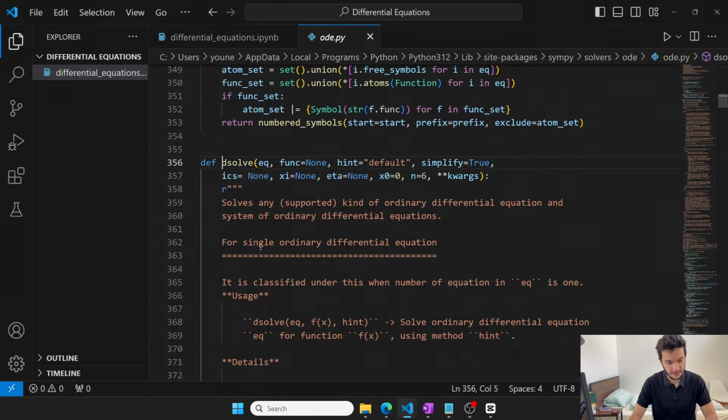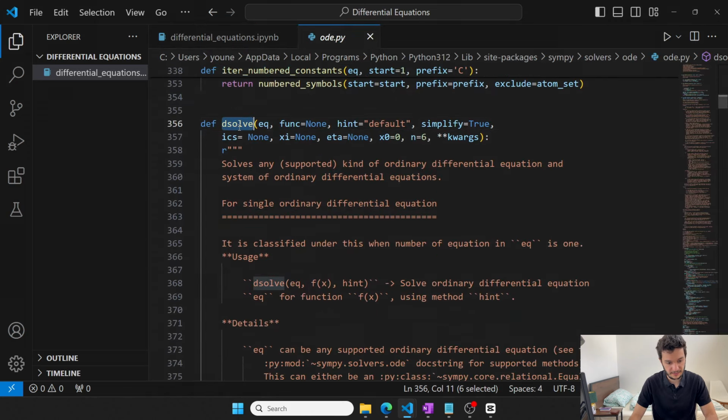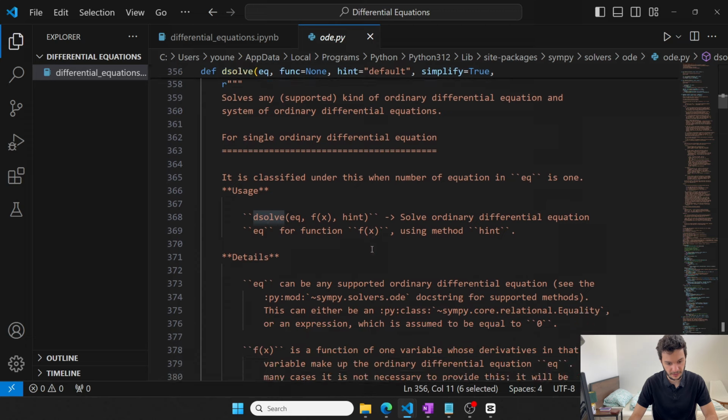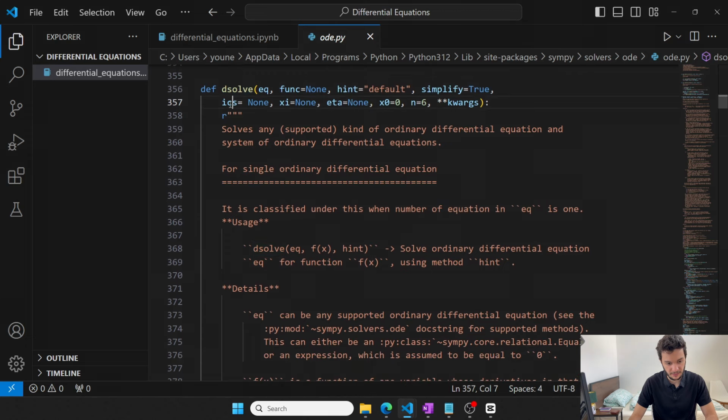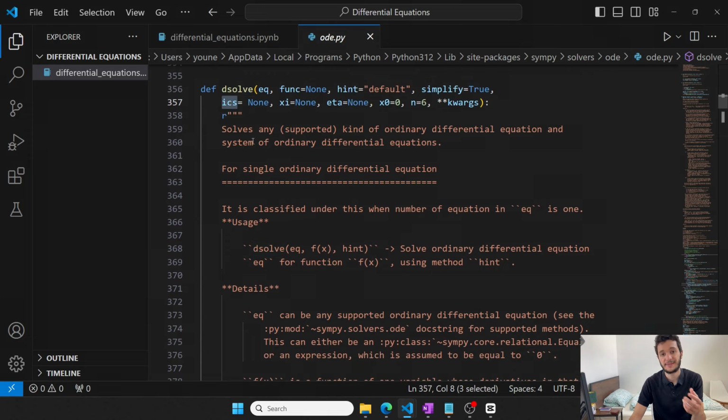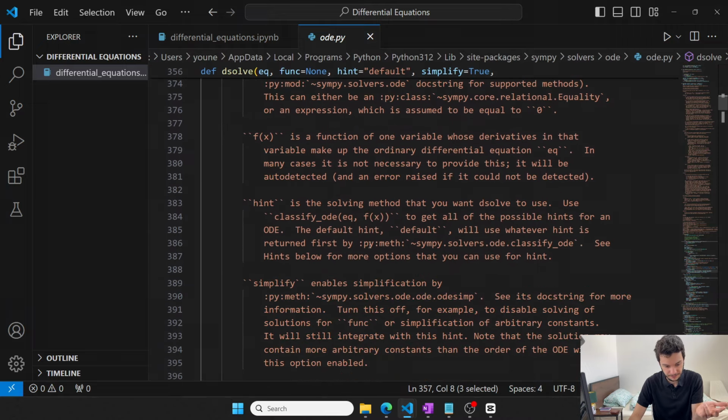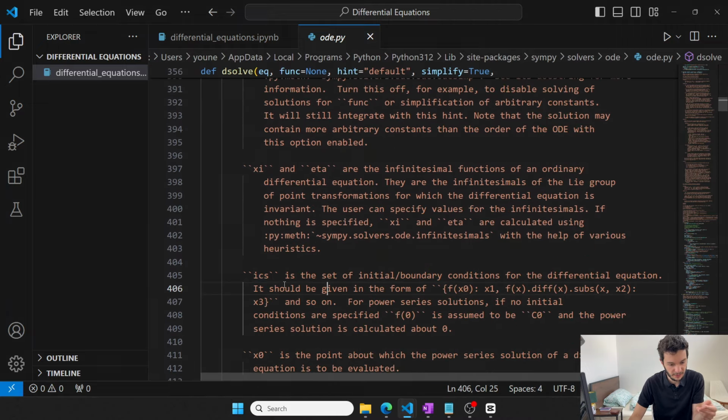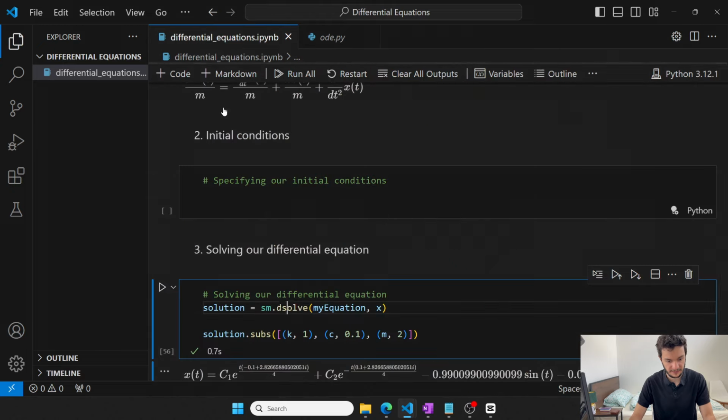This is the dsolve function we're using. It takes as input ics, which stands for the initial conditions. Here you'll see that ics is a set of initial/boundary conditions for the differential equation. It should be given in this form, so this is the form we should be giving it.